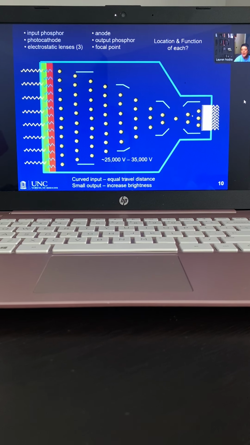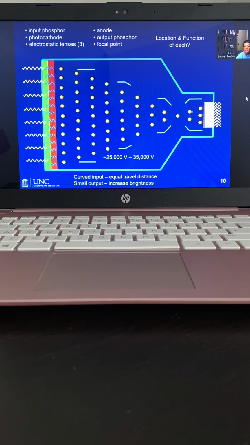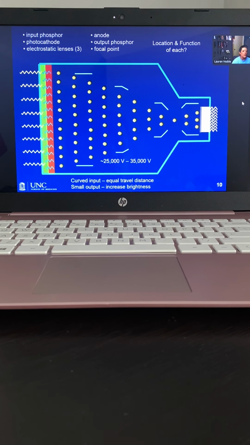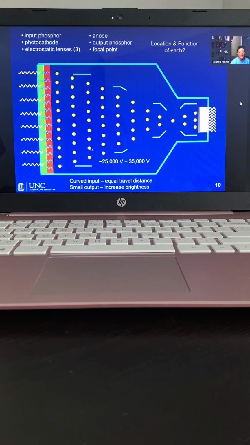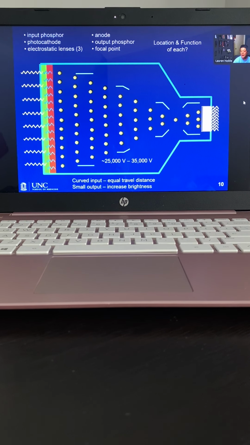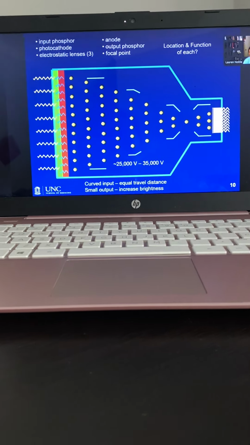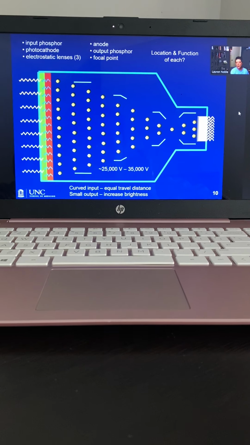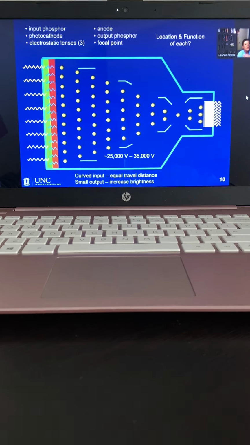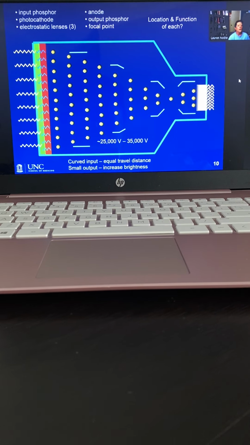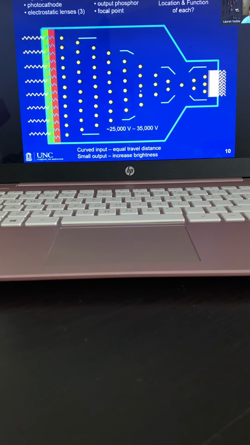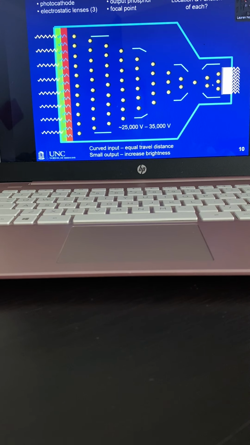This is what's called the anode end of the tube. So the electrons are accelerated towards the anode end of the tube because of that potential difference. Just like in the X-ray tube, where the electrons have to be driven over to the anode end of the tube by voltage, the same thing happens here. So voltage is applied to these electrostatic lenses to drive them towards the anode end of the tube.